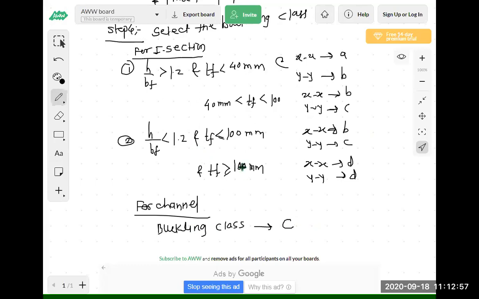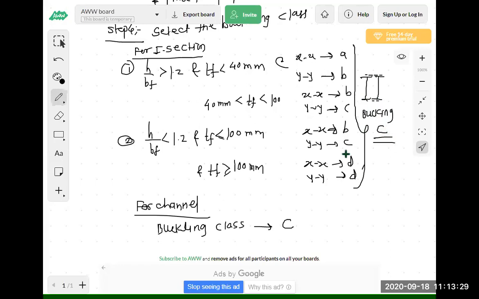And one more thing, if I section is there or built up section is there, generally we are using, I have written this, but for built up I section, we are taking always buckling class C.